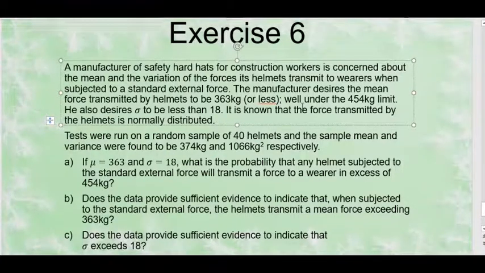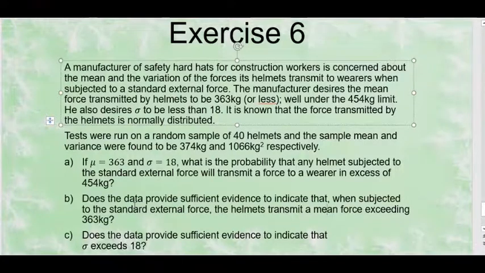Part B. Does the data provide sufficient evidence to indicate that when subjected to the standard external force, the helmets transmit a mean force exceeding 363? So again, mean force, the hypothesis test is about the mean, and another keyword is exceed. Exceeding means greater than.